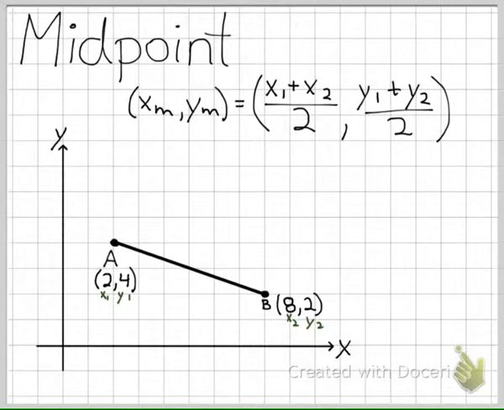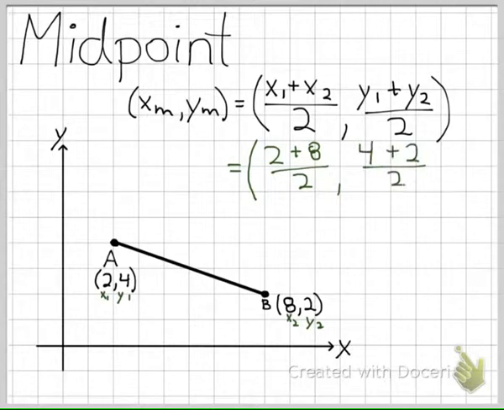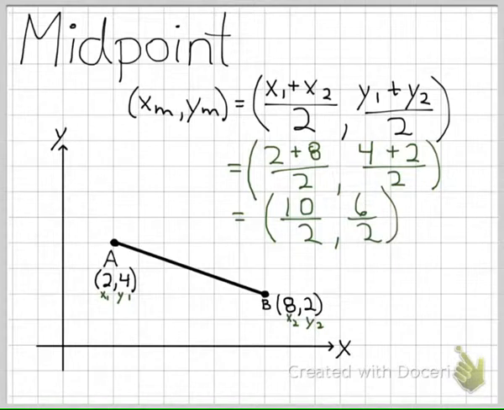So our midpoint will be the average of the x's, so that's 2 plus 8 divided by 2, and our y values, 4 plus 2 divided by 2, which we simplify and we get 10 over 2 and 6 over 2, which gives us our midpoint is the coordinate 5, 3.